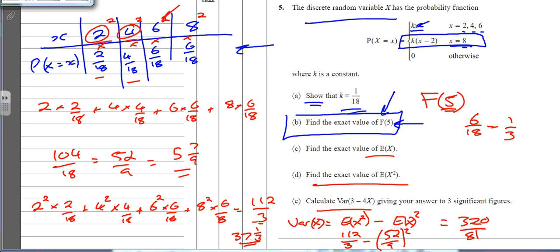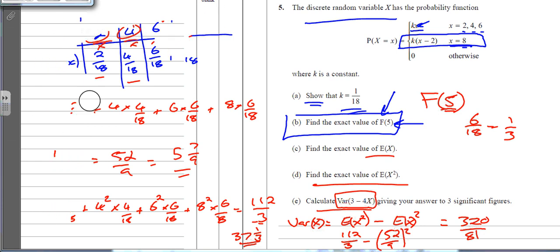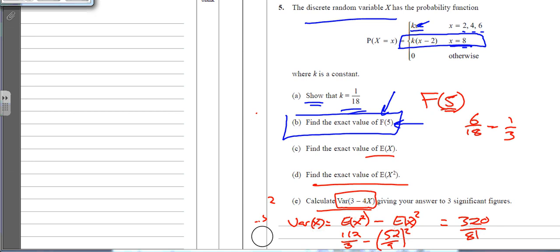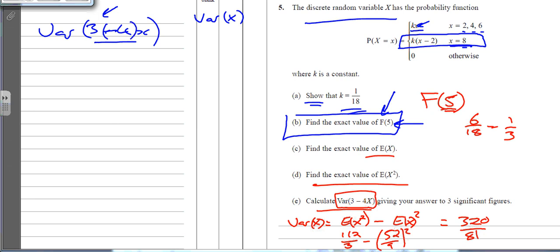So now we've got to work out the variance of this thing here. Again, it's a good revision point, so we're going to take this a little bit slower. If we've got the variance of 3 minus 4x, we know what the variance of x is. To work out the variance of something like this, we ignore anything that isn't to do with the x, but we take whatever's in front of the x, in this case minus 4, and square it.